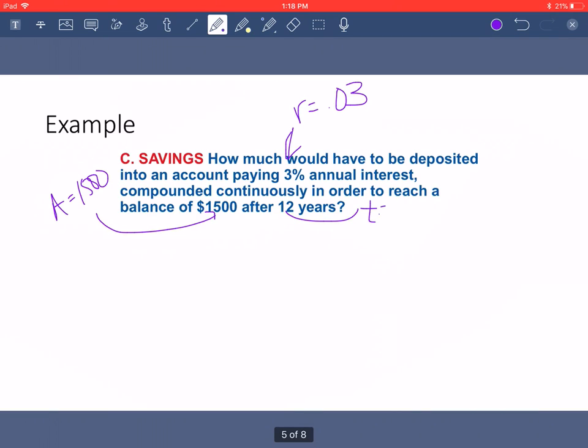My time is 12 years, so I'm looking for my principal. So 1,500 equals my principal times e raised to the 0.03 times 12 power. So 1,500 equals P times e raised to the 0.36 power.